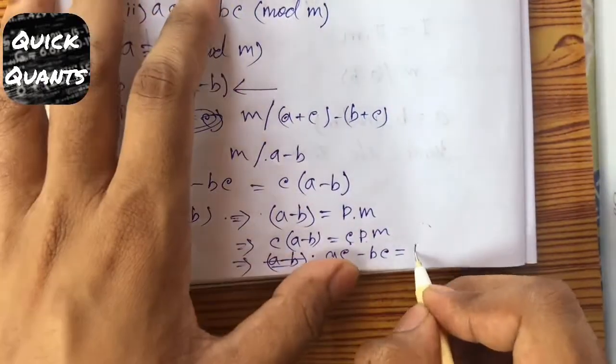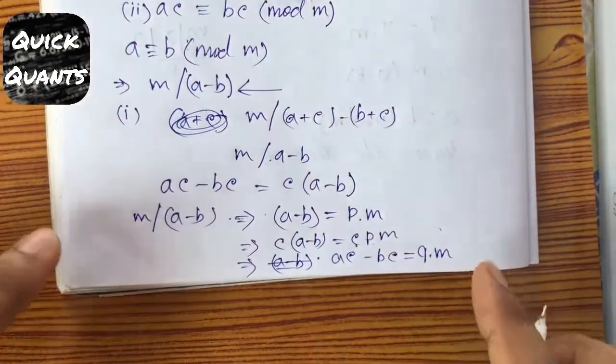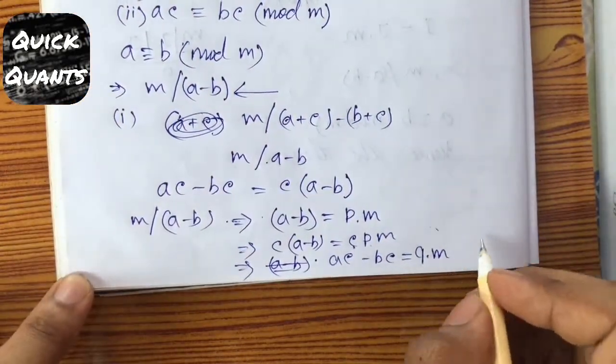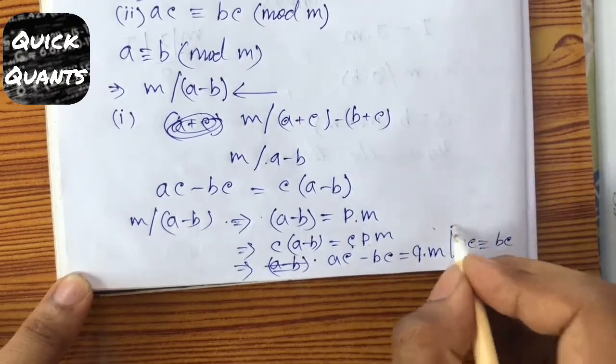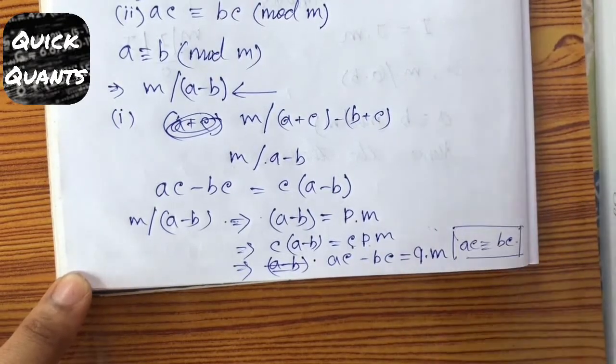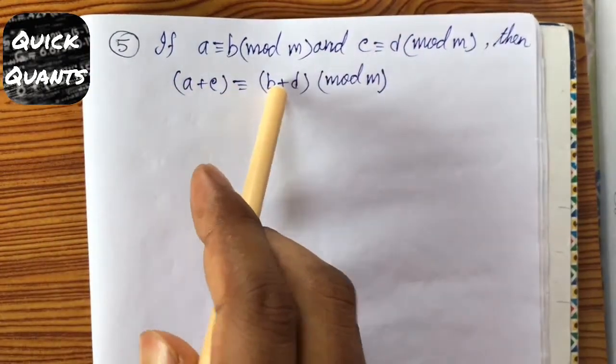Let's write it as Q into M. So AC is congruent to BC.